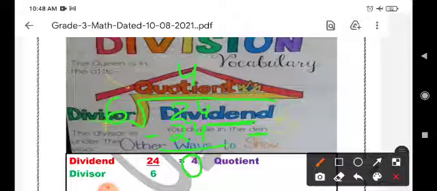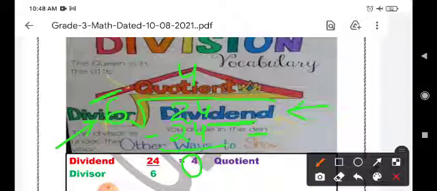The dividend lives in the den, and the visor always comes with the helmet and divides the number that is in the den.